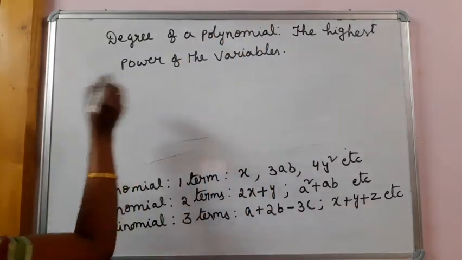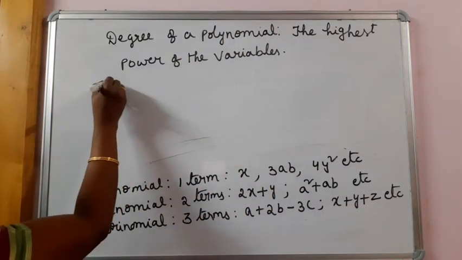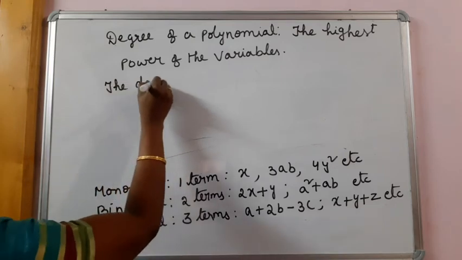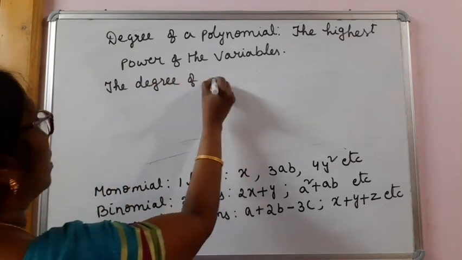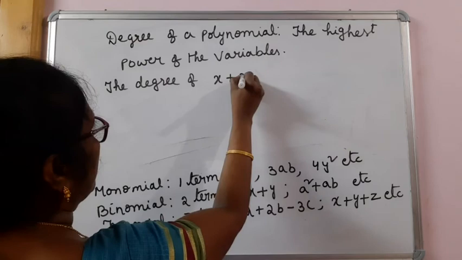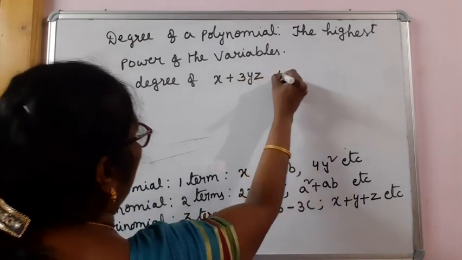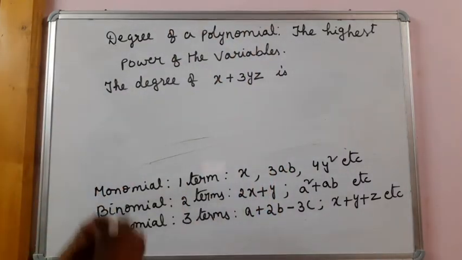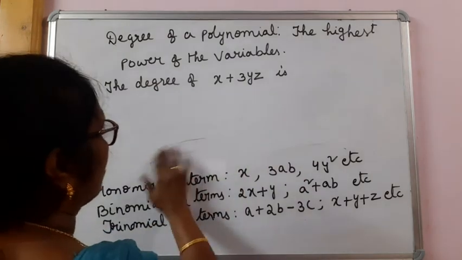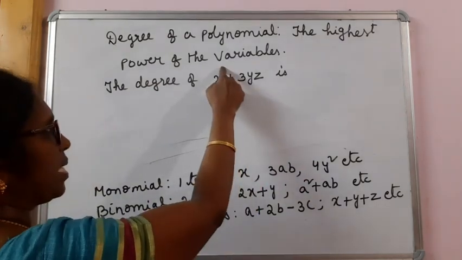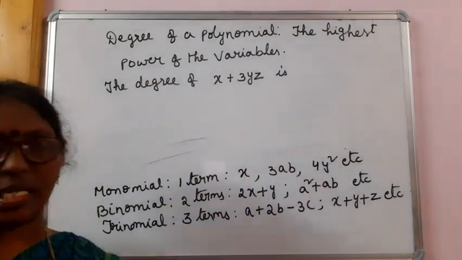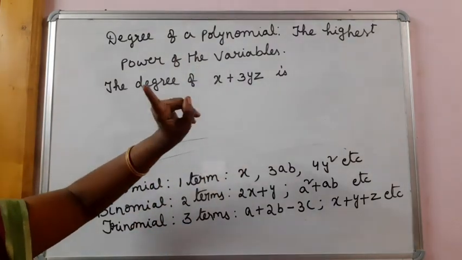Okay. Let me explain the degree of x plus 3yz. This particular expression has two terms. One is x, the other one is 3yz. The power of x is 1.